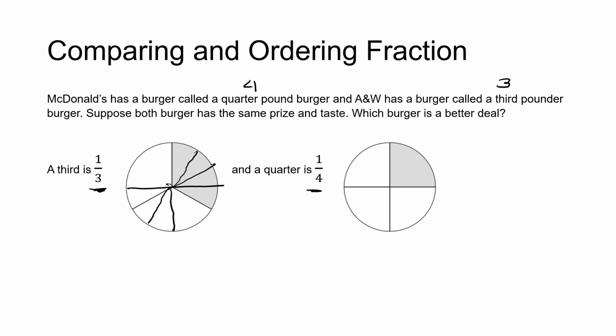Sorry for my horrible handwriting. Yep, we cut it into 12 slices. Now let's cut this one too, excuse my horrible cutting skills, and a little bit of Photoshop. Boom.